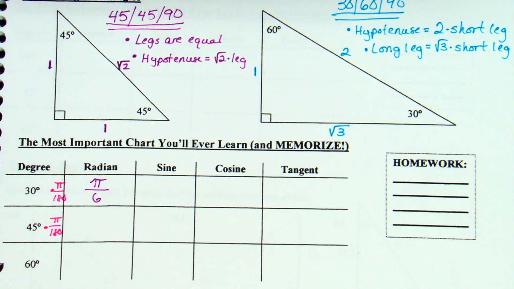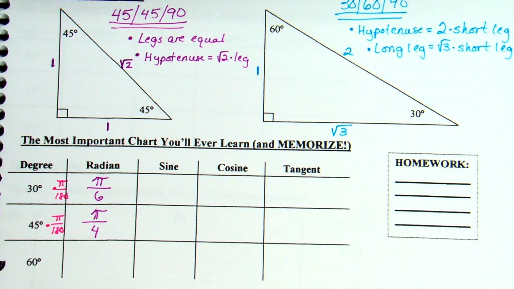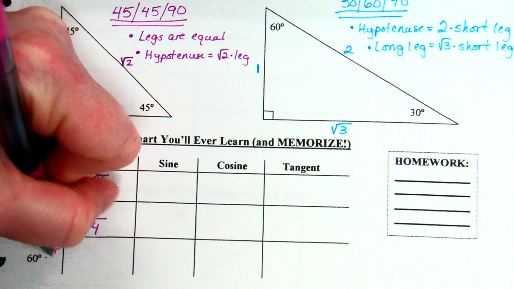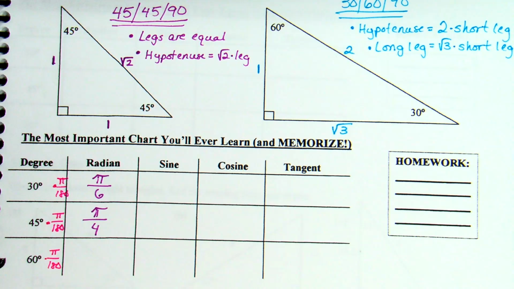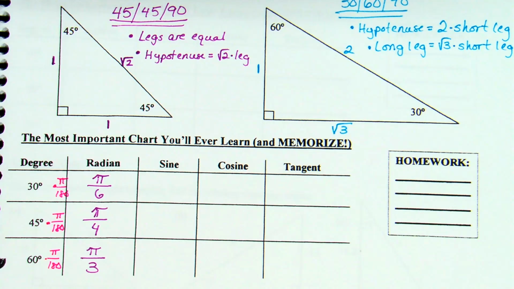Okay, 45 goes into 180 4 times, and so it is pi over 4. What about 60 degrees? Then multiply by pi over 180, 60 degrees becomes what? Pi over 3. Okay. You'll notice those are all right there in that first quadrant of the unit circle.